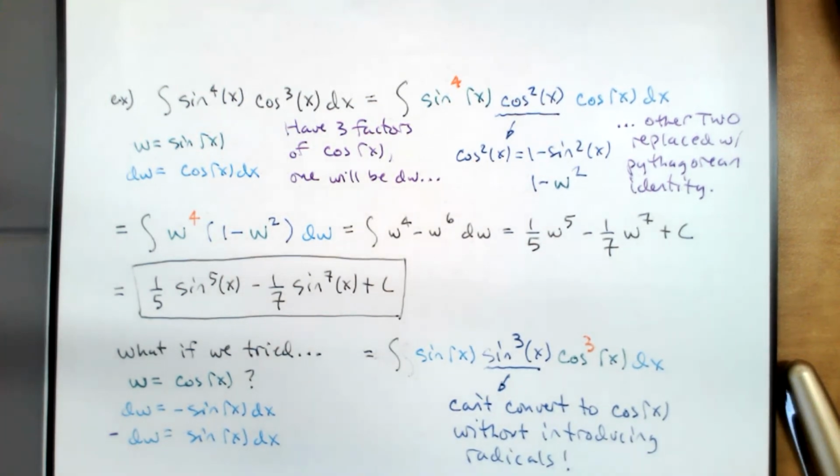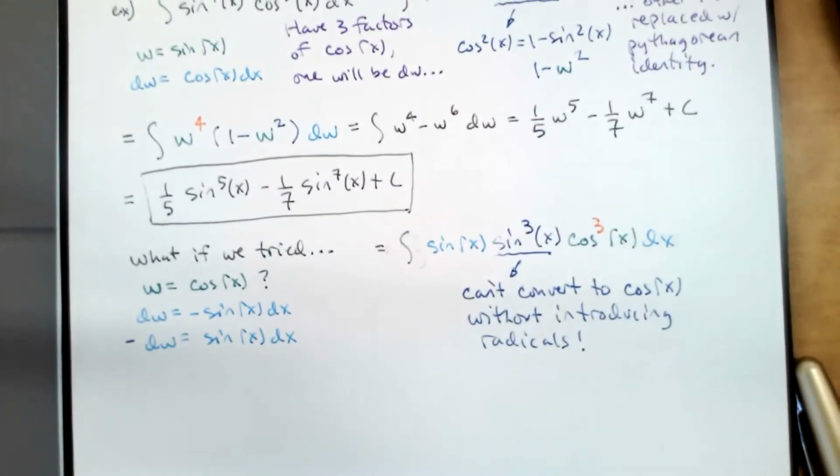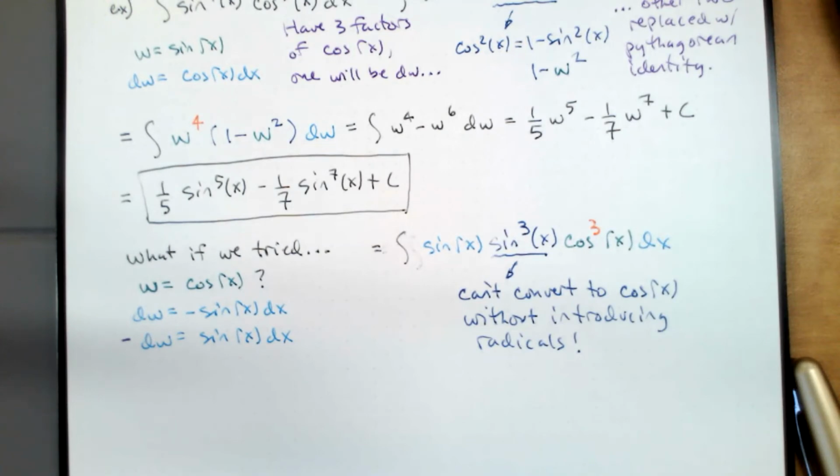And we won't be able to convert to cosine x without introducing radicals. Sine squared is 1 minus cosine squared. But then there's one factor of sine left over. It would have to be a square root of 1 minus cosine squared. No, thank you. That makes things worse.